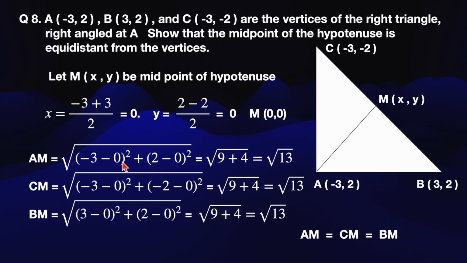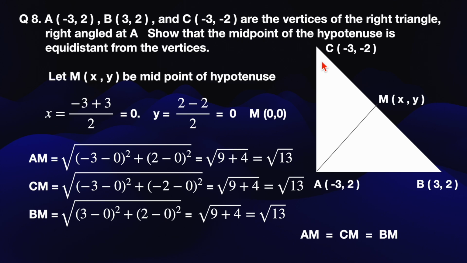So, let us apply it for AM. Here (-3 - 0) whole square plus (2 - 0) whole square. Simplify it, you get root 13. Similarly, CM: (-3 - 0) whole square plus (-2 - 0) whole square. Simplify, root 13. Similarly, for BM, it will be root 13. So, here AM is equal to CM is equal to BM.